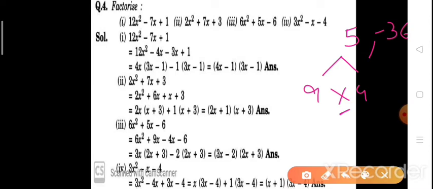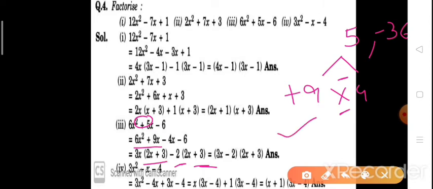But here you have to think about which number will be greater because of the sign. Here plus is the sign, so plus 9 and minus 4. So in the first two terms 3x will be common, so I will get 2x plus 3. In the second two terms minus 2 will be common, I will get 2x plus 3. So 3x minus 2 and 2x plus 3 will be the required answer.